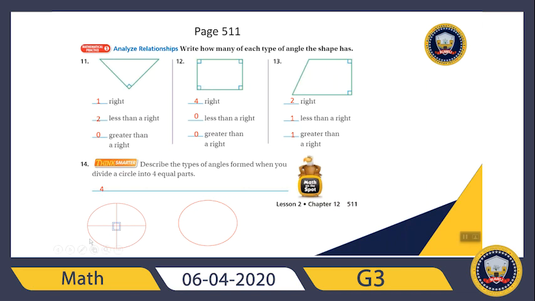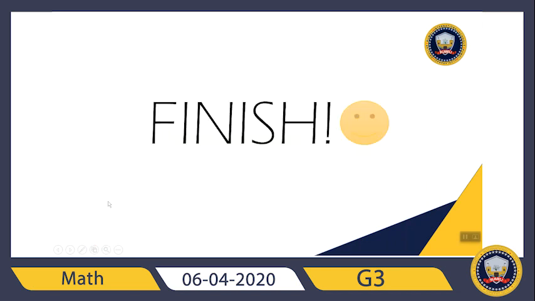You can see that 4 angles are forming here, each making a square in the corner, so we have 4 right angles. I hope you understand the angles, guys.